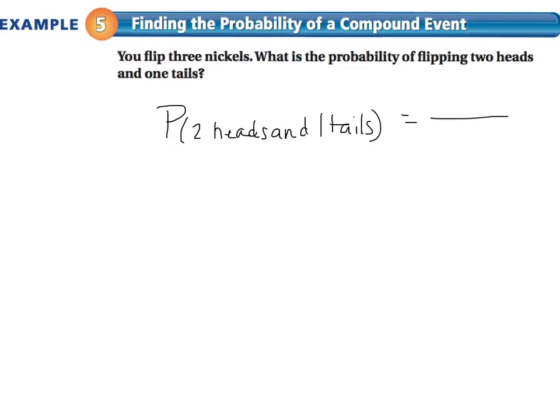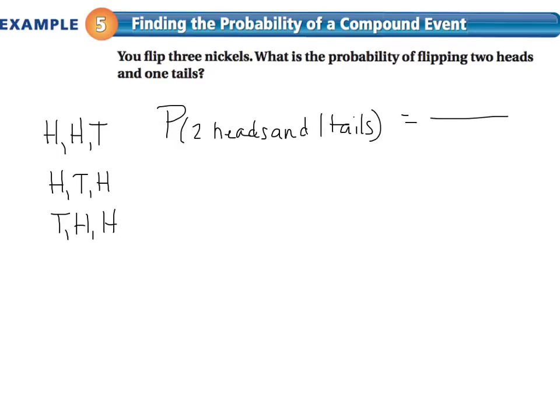The first thing we have to do is find the number of favorable outcomes. So if you flipped 3 nickels, I could have heads, heads, and a tails. I could also have a heads, a tails, and a heads. And I could also have a tails, and a heads, and a heads, in that order.